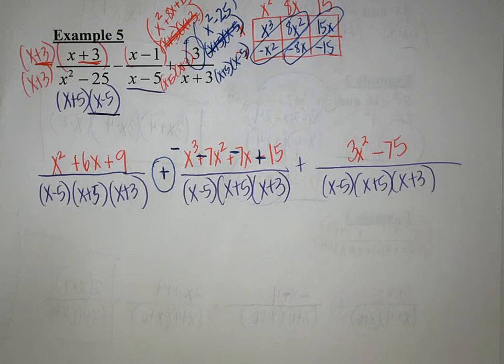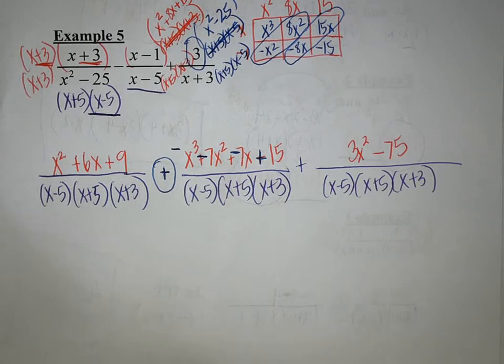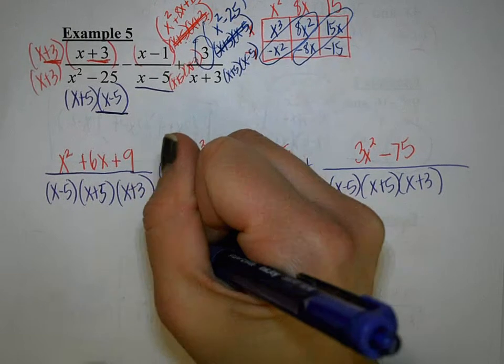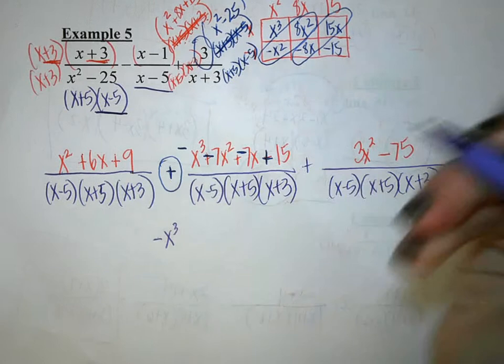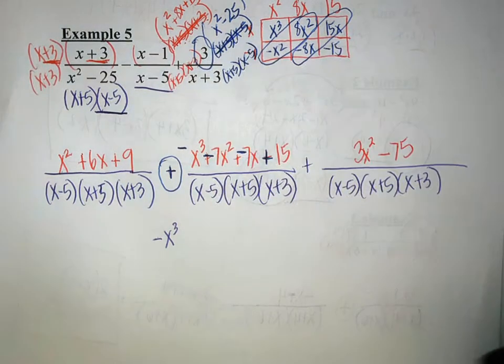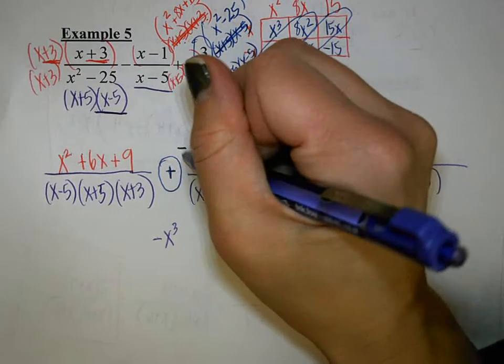We always write our answers in descending order. So what would be the highest exponent I would write? Good. Negative x cubed. So I'm going to cross this one out so that I know it's done.